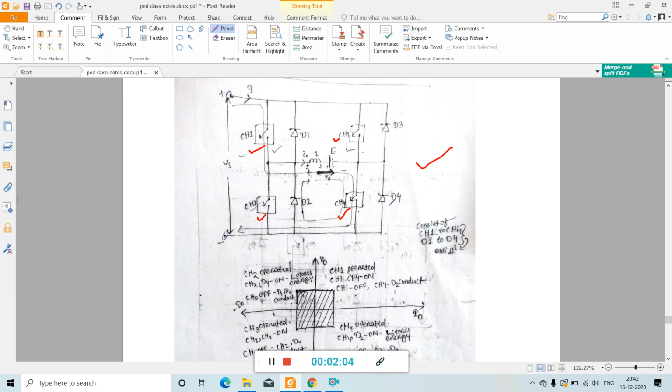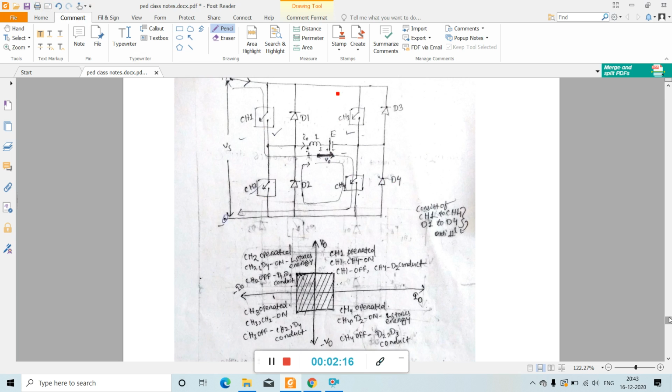And the working of this chopper in all the 4 quadrants is explained as under. So first we will start with the first quadrant operation.